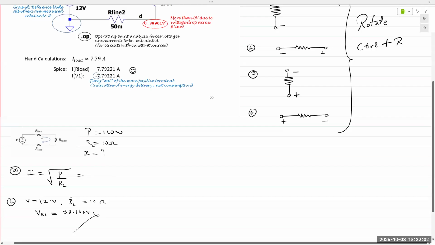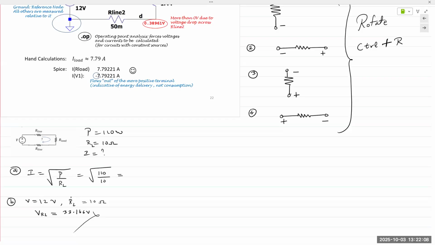So let's do this. 110 watts divided by 10 ohms. Let's do it the other way.